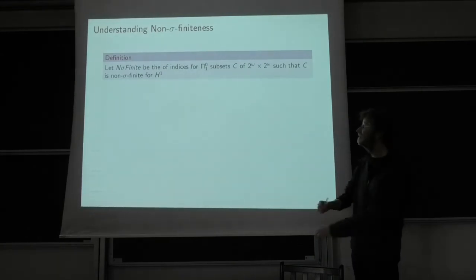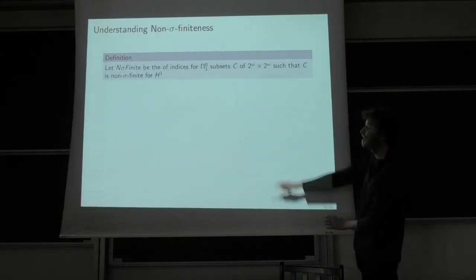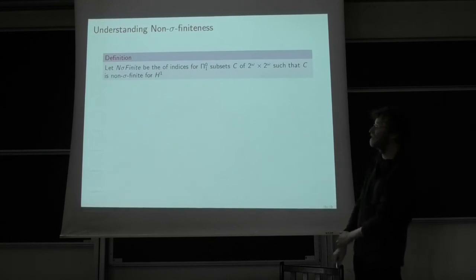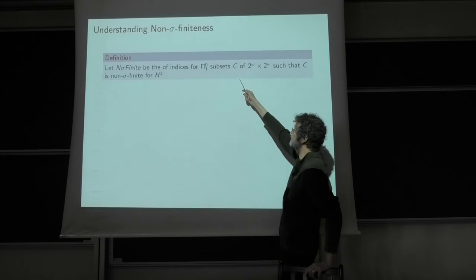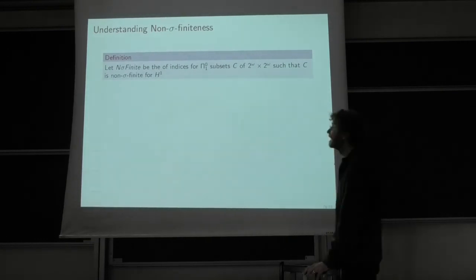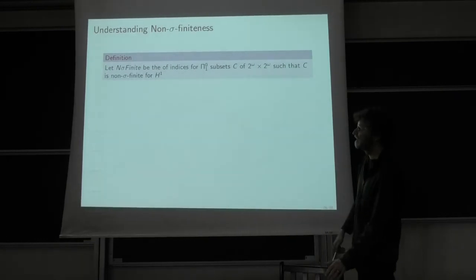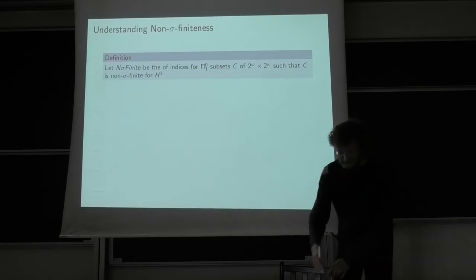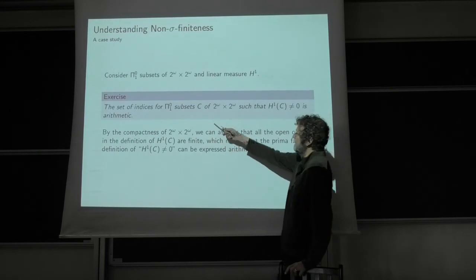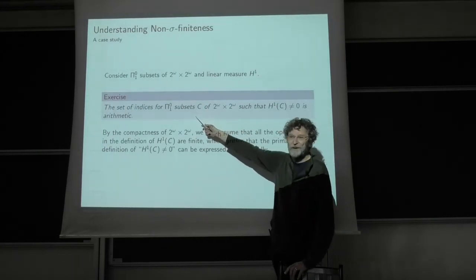having non-sigma finite? Okay, so I'm going to let n sigma finite just be the set of indices for pi 0, 1 subsets of the Cantor plane, which are not sigma finite for linear measure. The previous one would be non-zero.